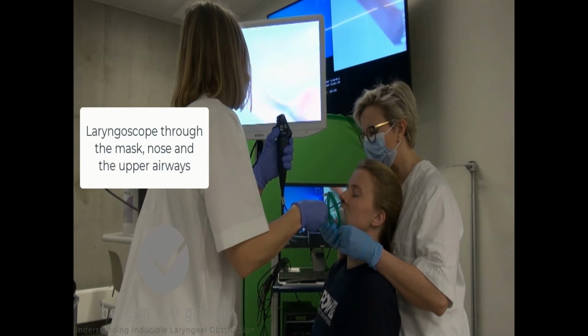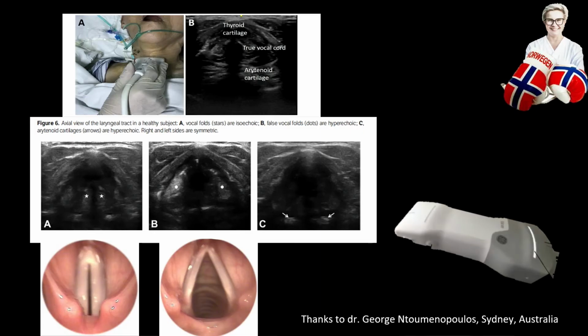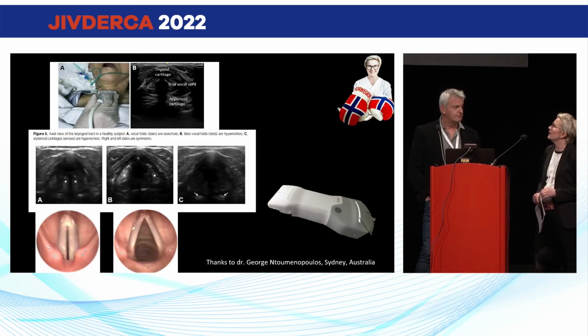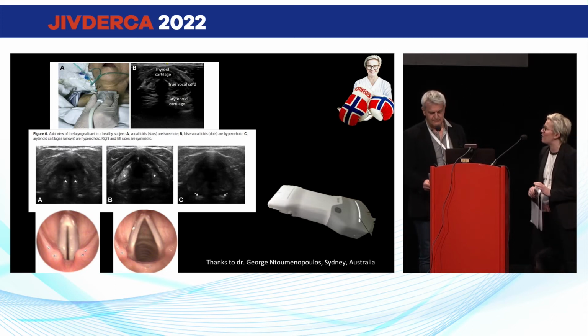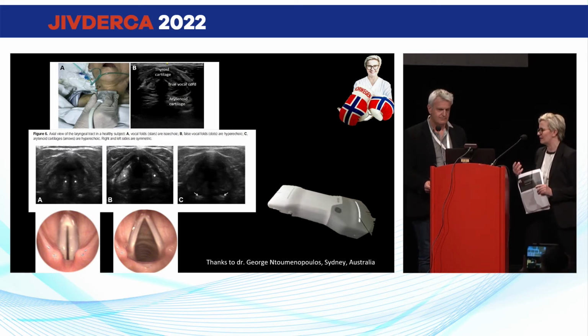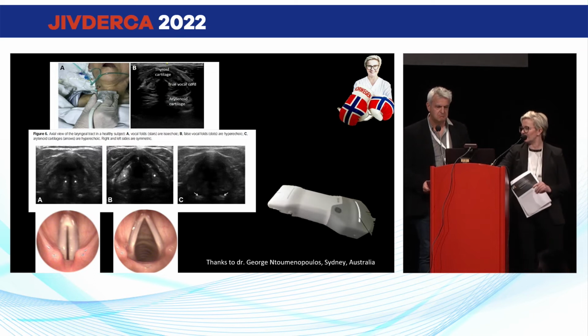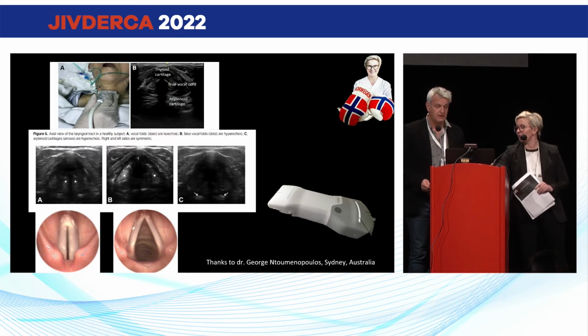There is also increasing interest in using diagnostic ultrasound with this. We have an ultrasound expert here talking afterwards, George Pneumotopoulos from Australia. Together, we will start next week a new study comparing ultrasound of the larynx and visualization of the larynx with the laryngoscope. That would be interesting.